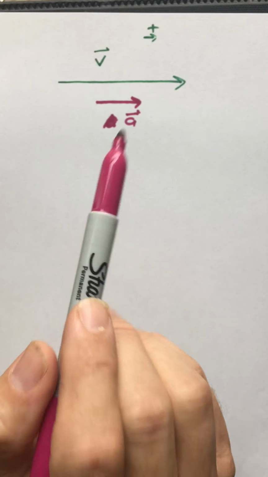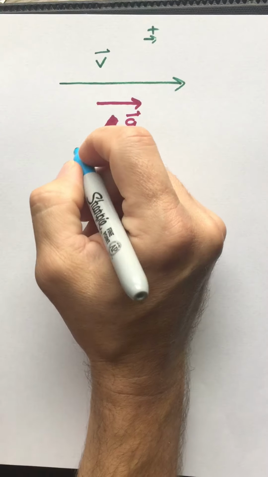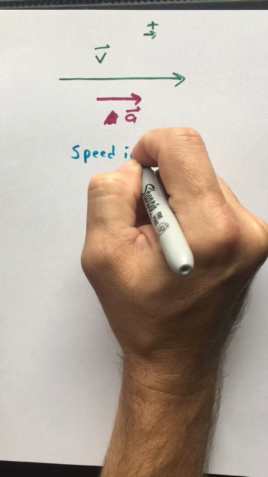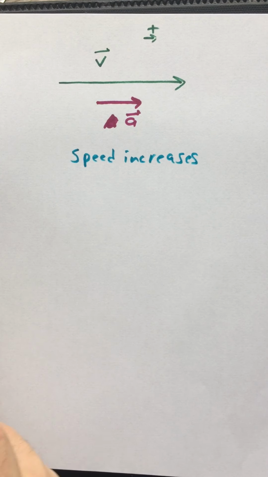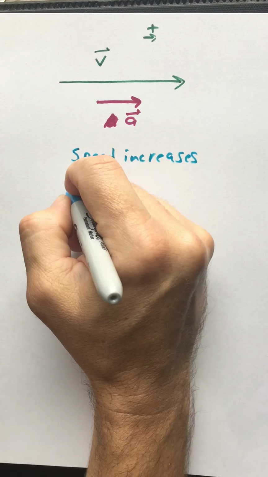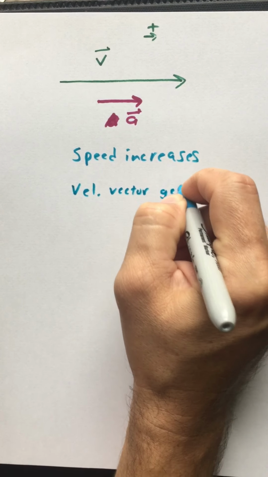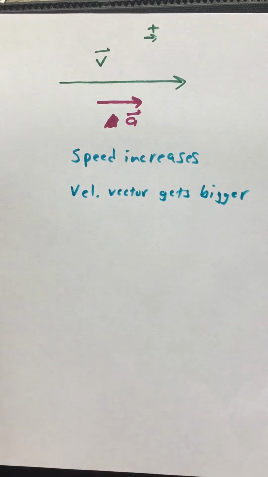What is going to happen? I don't think it's too hard to see that in this case, if this is how I've applied it, the speed increases. The velocity vector gets bigger, right?